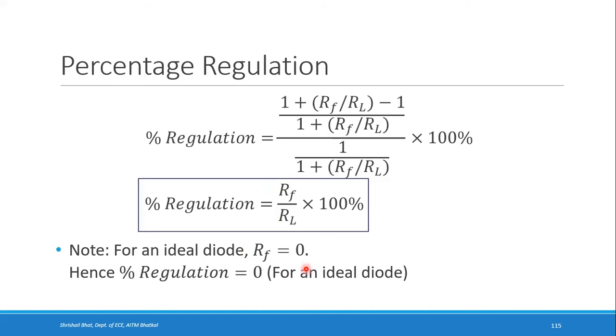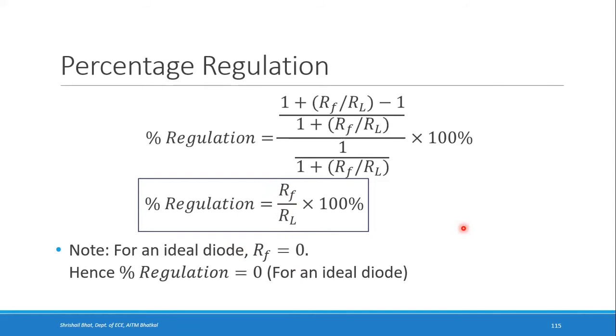Since Rf is 0, percentage regulation is 0. So what that means is the change in the load current should not have any impact on the output voltage, ideally. But there will be some impact, and that is obviously because of the diode's forward resistance. There is a small change in the output voltage as a function of the load current.